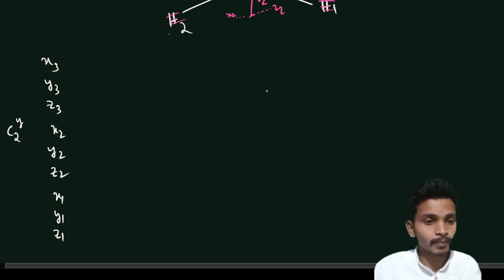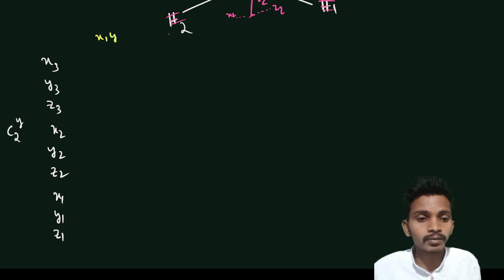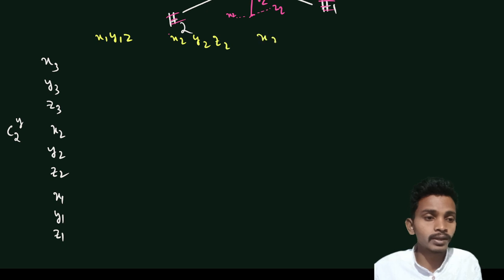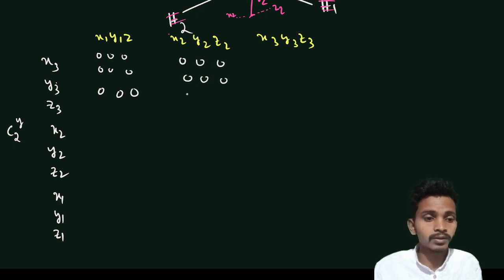Okay, so in this first place x1, let me write with another pen. Here x1 y1 z1, here x2 y2 z2, here x3 y3 z3. Here x1 y1 is not there, so this is 0 0, because this one has to come here. Here x3 is there, so here is x1, so you will not write 0 0. And y2 is also not there in this position, so this is 0 0 0 0 0 0 0.